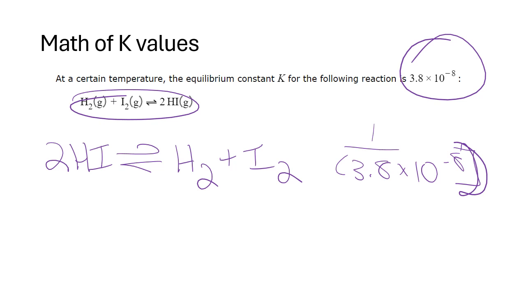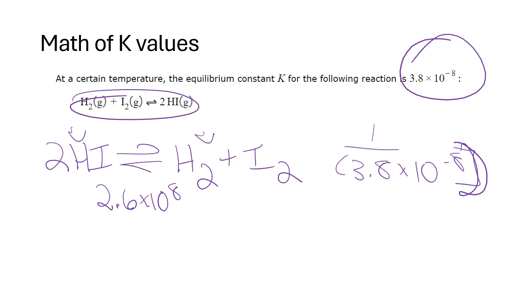K here is huge, which makes sense because this is now products over reactants, the opposite of it. So this is like 2.6 times 10 to the 8.